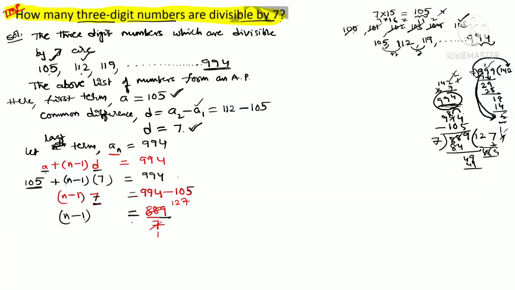Next step: n minus 1 is equal to 127 by 1, which is 127 only. This minus 1 if you transpose, it will be plus 1. So n is equal to 128.